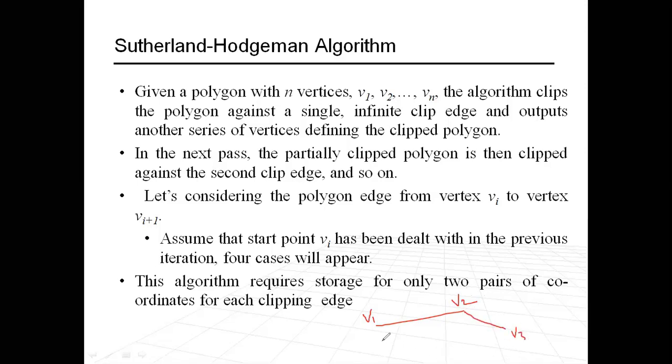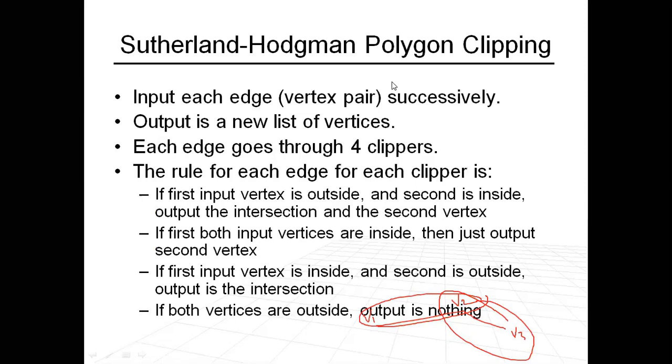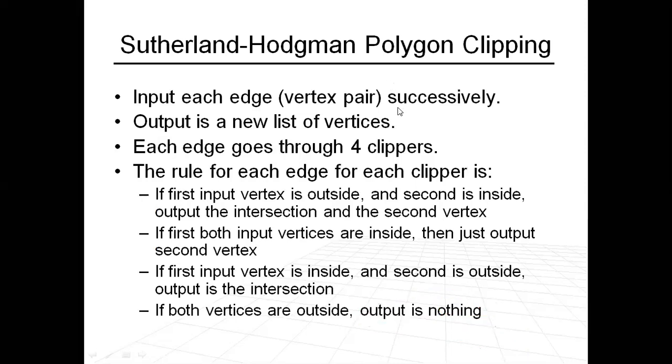Whenever we run the algorithm, the resultant vertices are stored while performing the polygon clipping algorithm. This is important to understand, because these are the basic rules through which you are going to clip the polygon.